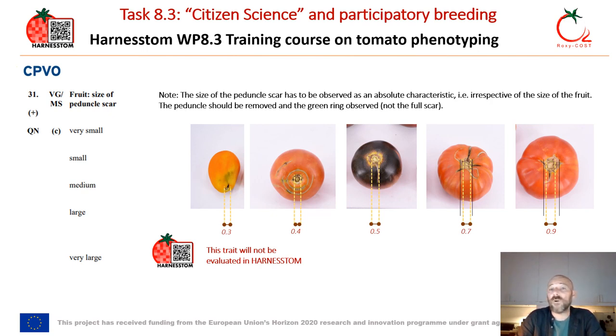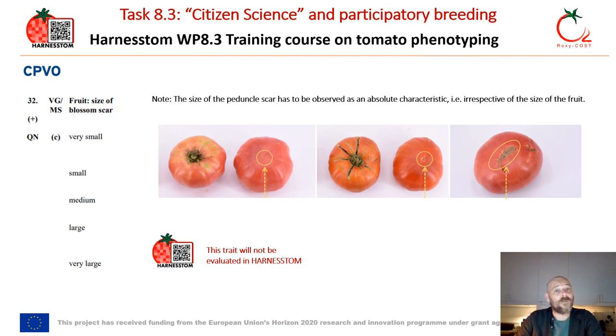Moreover, also according to the CPVO trait description, the size of the peduncle scar refers to the green ring observed when removing the peduncle from the fruit, and not to the full scar. You can observe the difference between the green ring and the full scar in the two fruits at the right of the slide. The black line shows you the full scar, whereas the yellow line shows you the green ring.